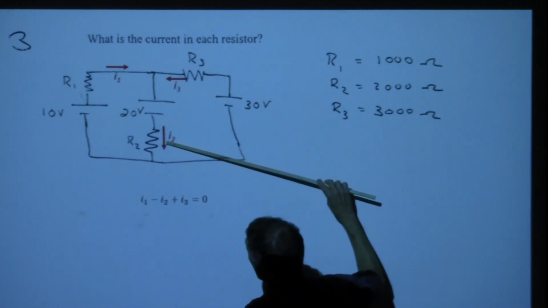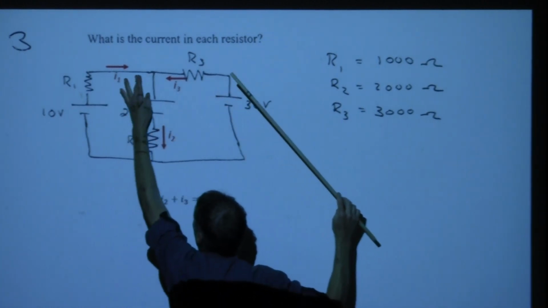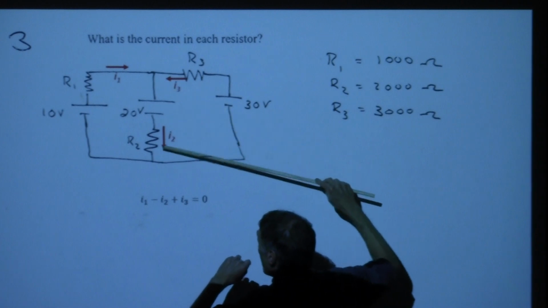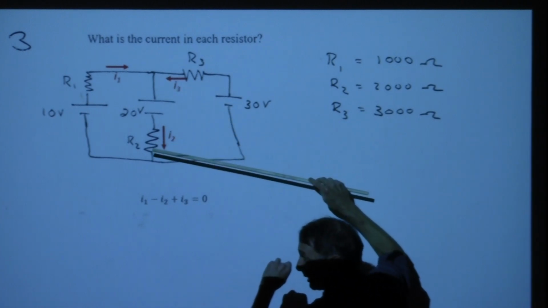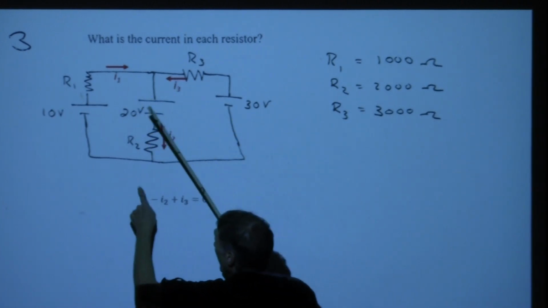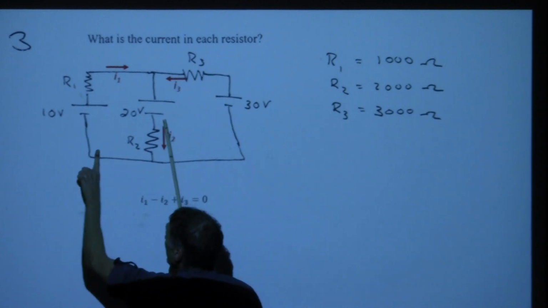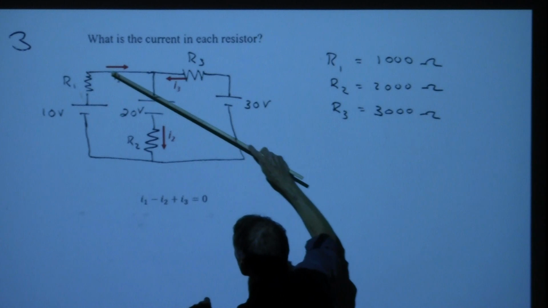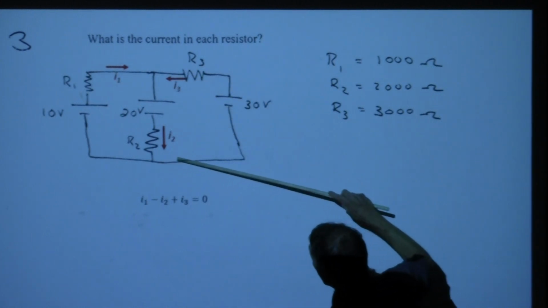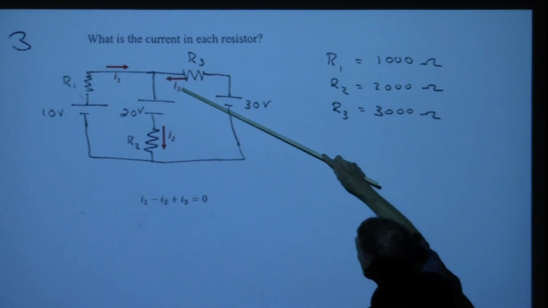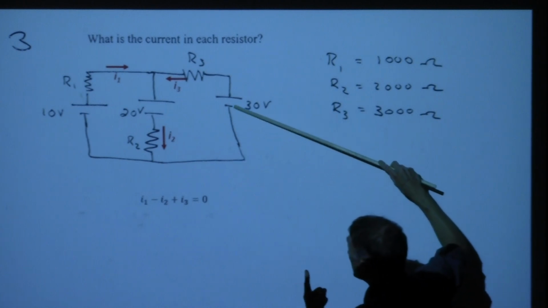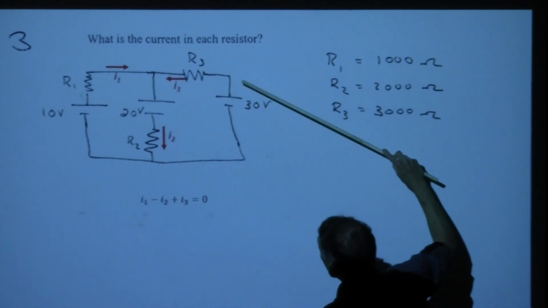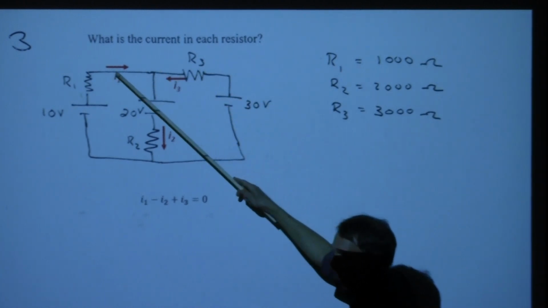So I can say this is I2. I could label it here, or up there. Anywhere on that series branch, I could label it. Same way with this one. I could have labeled it I1 coming in here or up there. I know that for this whole branch, it has to be doing that. And this whole branch has got to be I3. And so I've got I3 coming in, I3 going out, I3 coming in, going out.